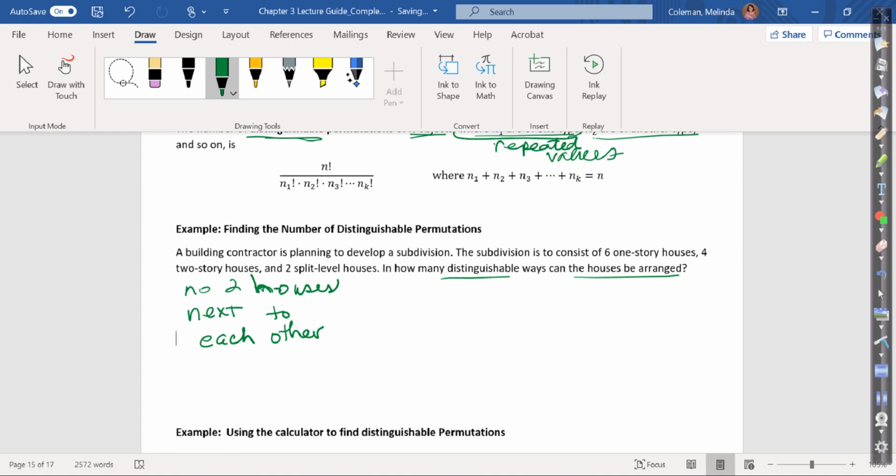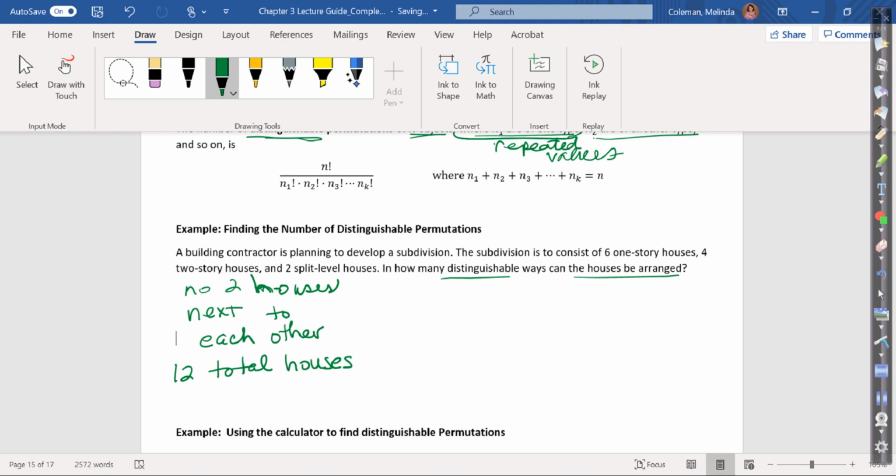So how do we determine that? Well, we have 12 total houses. There are 6 one-story, 4 two-story, and 2 split-level houses. So we don't want them to be next to each other. I guess it should say no 2 of the same type of houses next to each other.